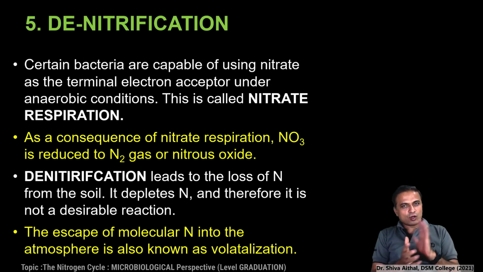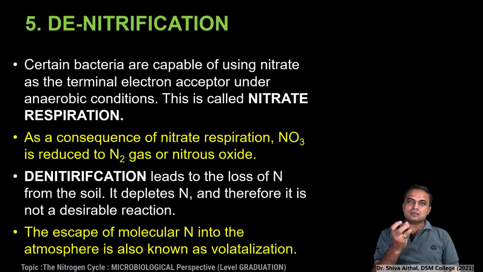Now these are redox reactions, that is oxidation and reduction reactions. Bacteria have a tendency to utilize an electron at the terminal stage, and on that basis, if it is oxygen, they are aerobic organisms, and those which can use some organic or inorganic compound apart from oxygen to accept the terminal electron are anaerobic bacteria.